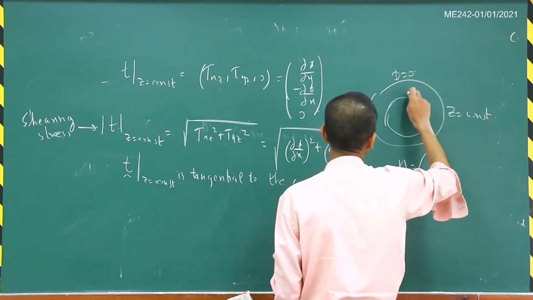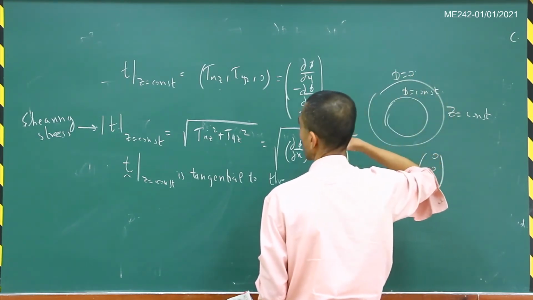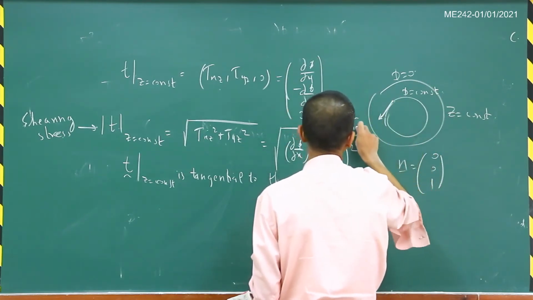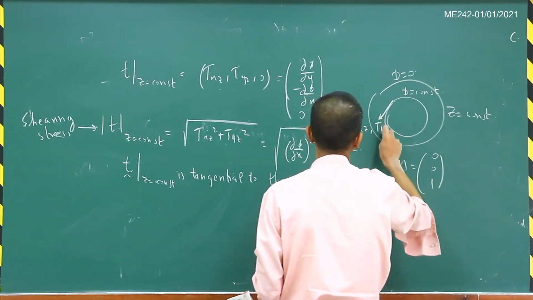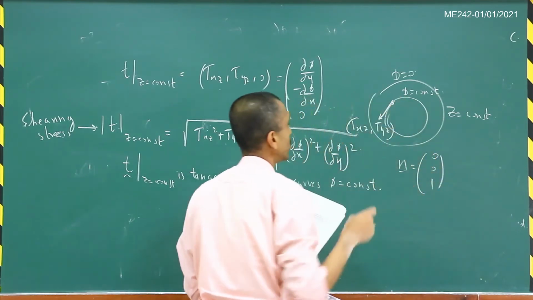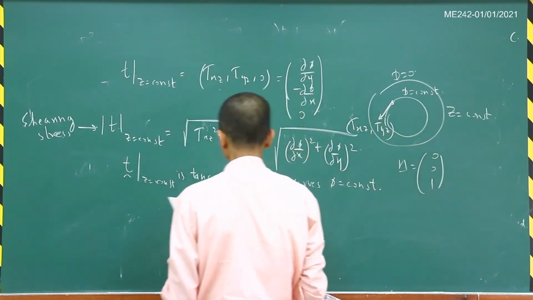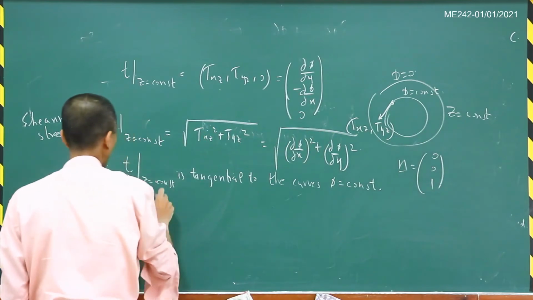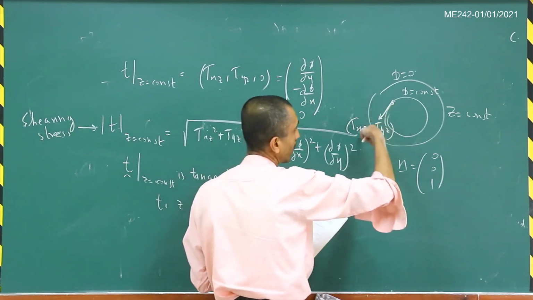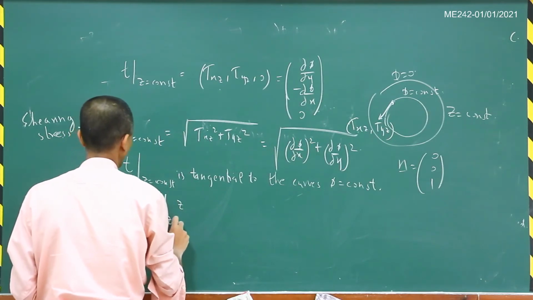Now if you take this particular line phi equal to some constant, then this t is of this kind, tau xz, tau yz. So this shearing stress is tangential to this phi equal to constant surface. That is because if t dot n comes out to be 0, then we know that this vector is tangential to this particular surface here.